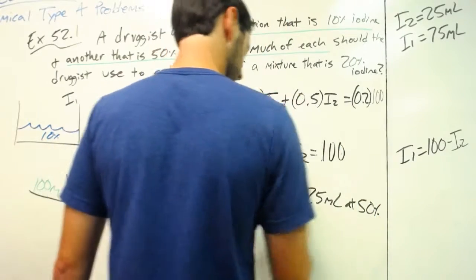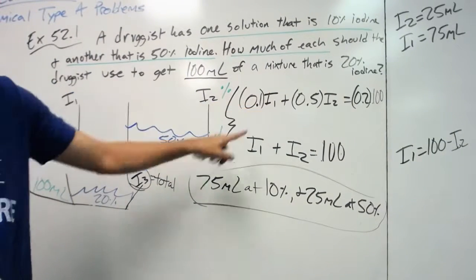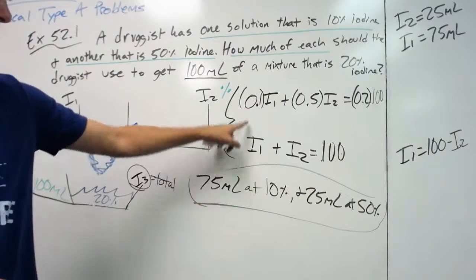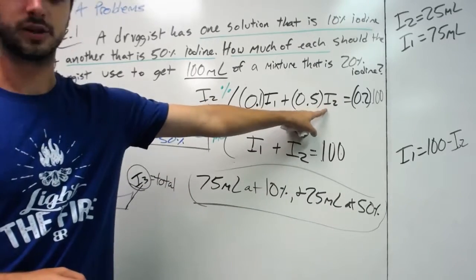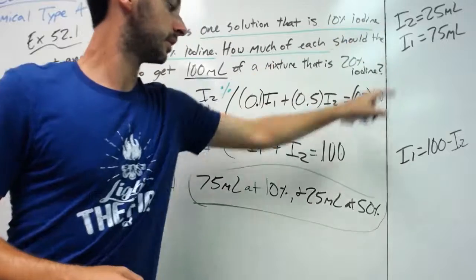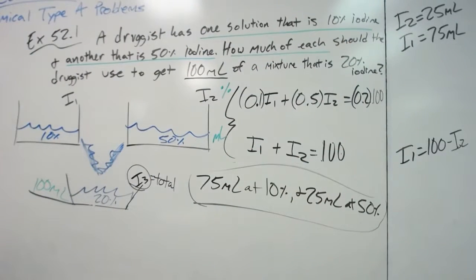This would be our answer. We simply now know the value of iodine 1 is 75 milliliters at 10%, and 25 milliliters, because we knew iodine 2, at 50%. And that would be how you would write the answer. Let's go to the next problem.